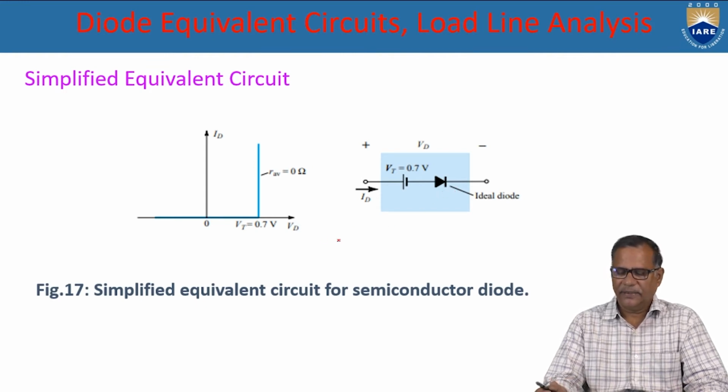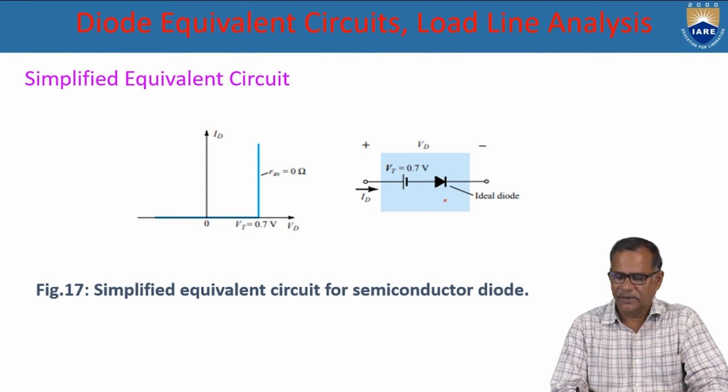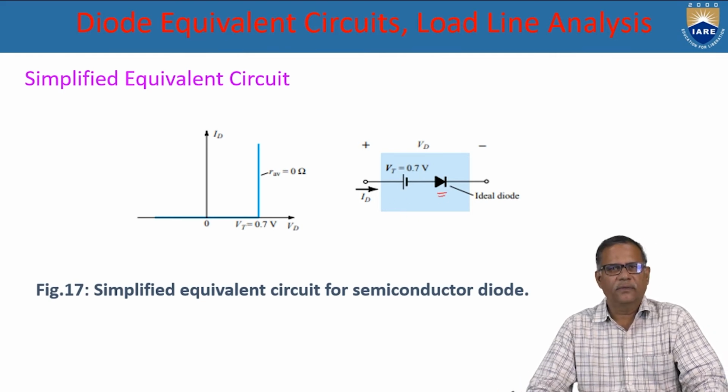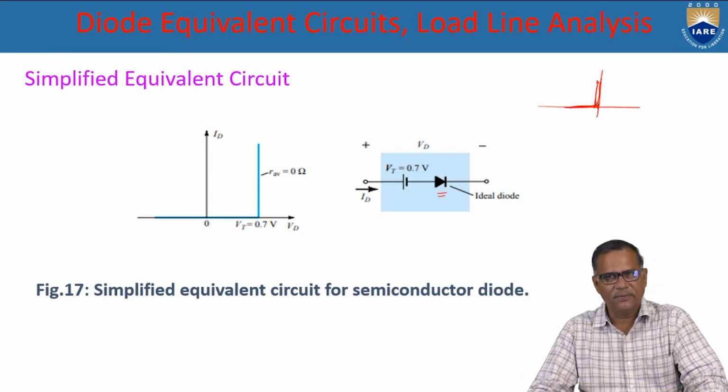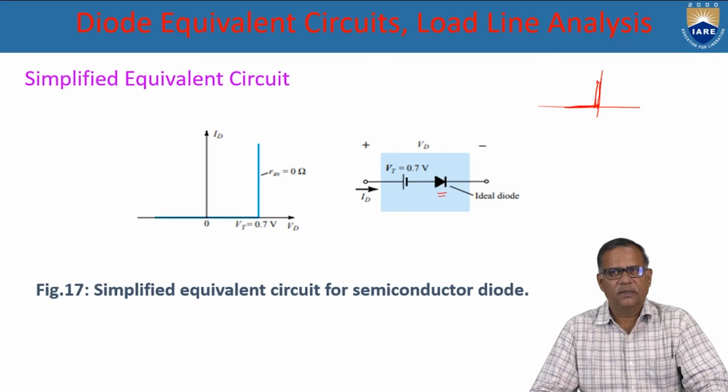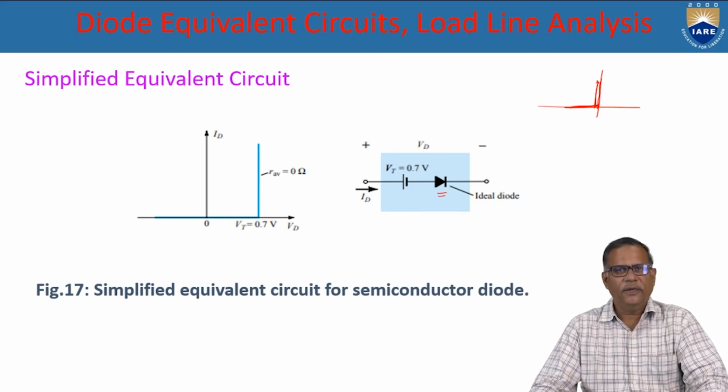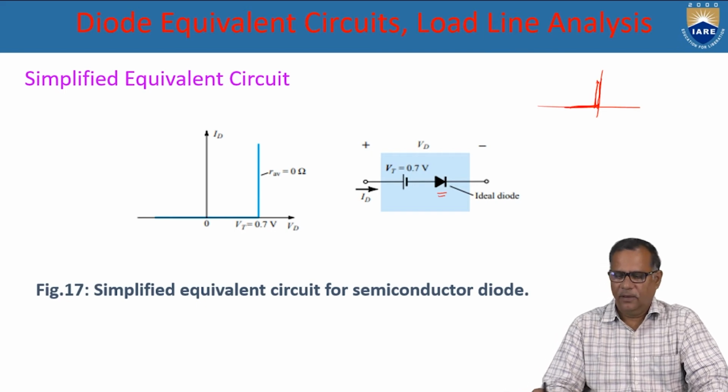So the practical diode can be represented in this way. This is the ideal diode, whose characteristic I have just shown you, with no cut-in voltage. But the practical diode has some cut-in voltage, which is 0.7 volts for silicon and 0.2 volts for germanium.